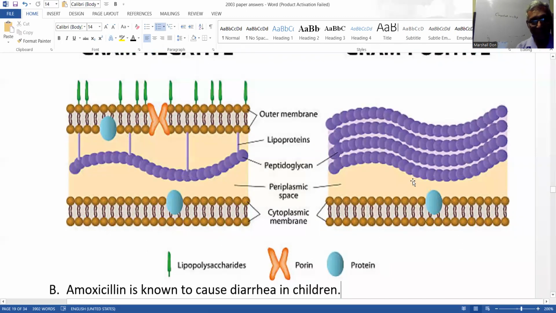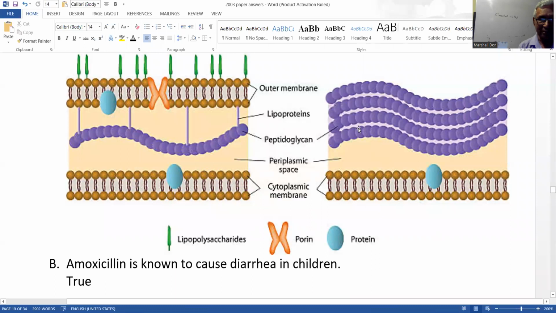So you wash and then put some other stain, pink color stain, then you get pink color in gram negative because there is no dye inside. Here it is already stained with this crystal violet, so it is in the same dark blue color. So this is the difference.